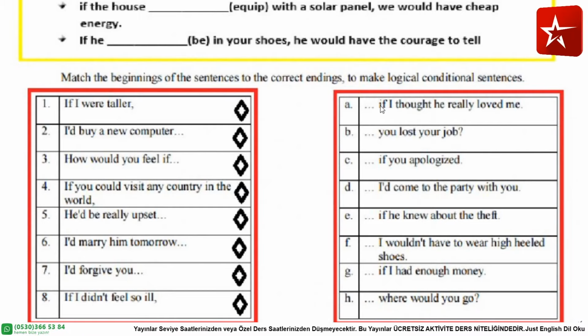Yes, number 7 is C. Great. Thank you, Onur, Metin, Al Pacino. And the last one, if I didn't feel so ill. Number 8. If I didn't feel so ill, I would come to the party with you. Yes, great.